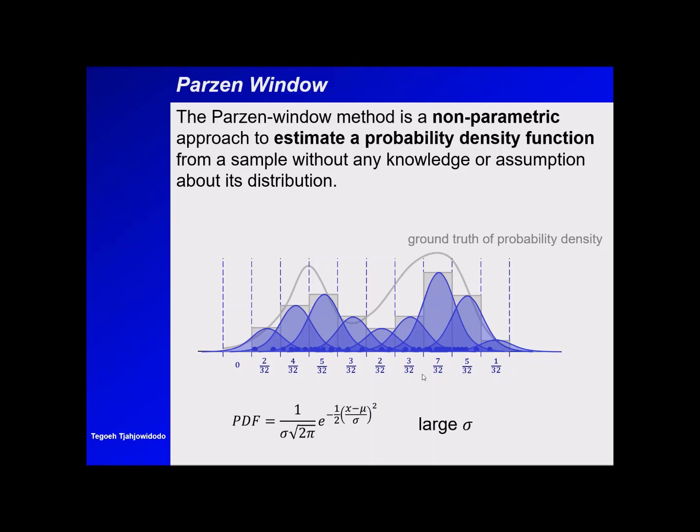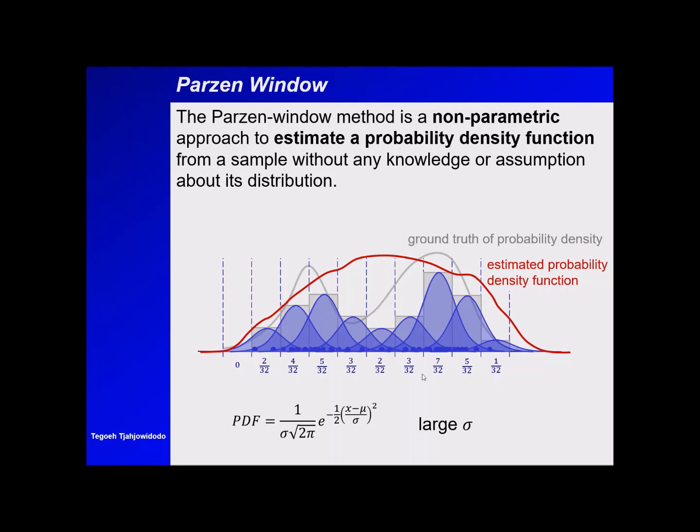If you sum them all, then it will look something like this. So you can imagine the larger the sigma, the estimated PDF for the population will resemble again a normally distributed function. So if you choose sigma too large, then it's nothing else than if you estimate the distribution of your population as normally distributed based on all of the samples that you get.